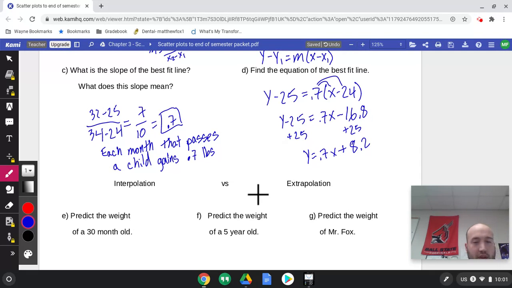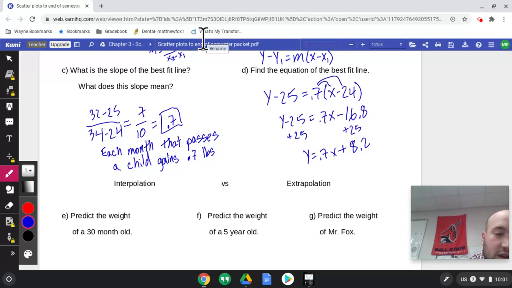Okay, now the reason we can use this, we can do two things now. We can either interpolate based on the data or extrapolate. So interpolation is when we make a prediction about something that is within the data's high and low.